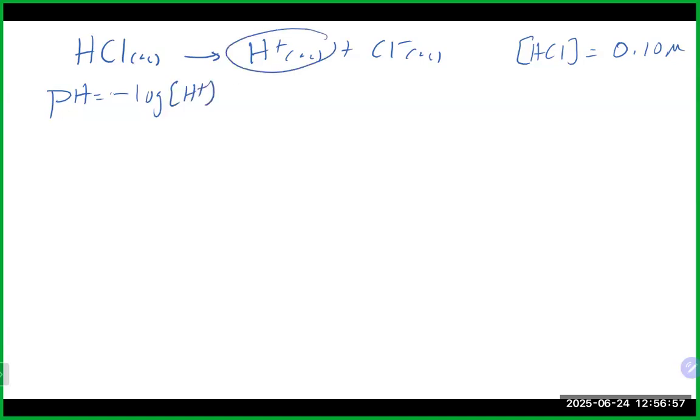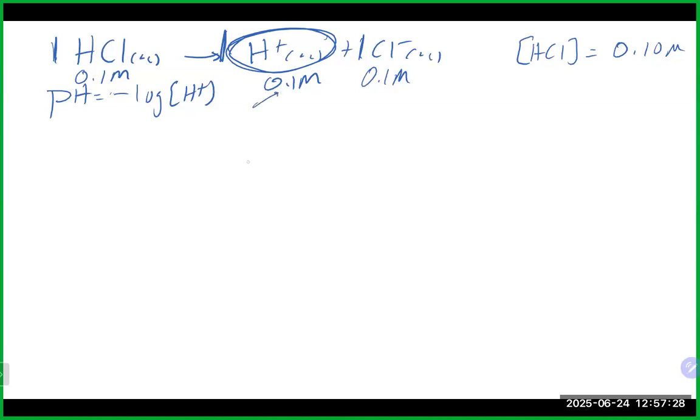So we would want to know the concentration of H plus to allow us to calculate it. As you may remember from when you talked about solutions of molarity, this is a 1-to-1 relationship, which means the concentration of H plus would be 0.1 as well. The concentration of Cl minus, also a 1-to-1 relationship, would also be 0.1. Not that we need it in this case.